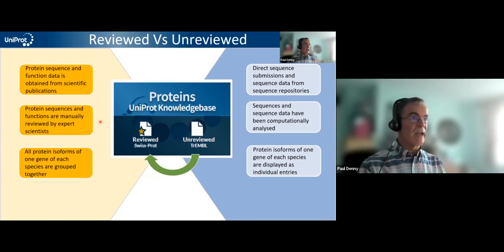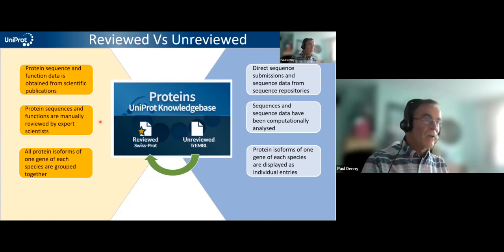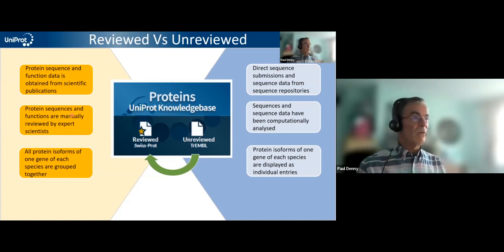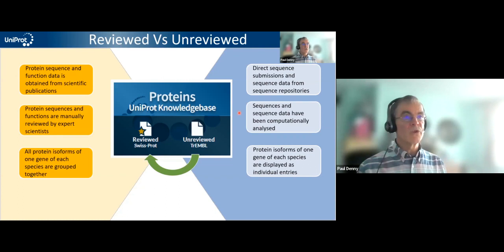They've had data added to them by a human curator. They've been reviewed by those people, who have gone through the literature and added experimentally verified information. The other set, the unreviewed TrEMBL entries, have also been analysed, but they have been computationally analysed. So they have annotations that have been created automatically by a pipeline of tools.